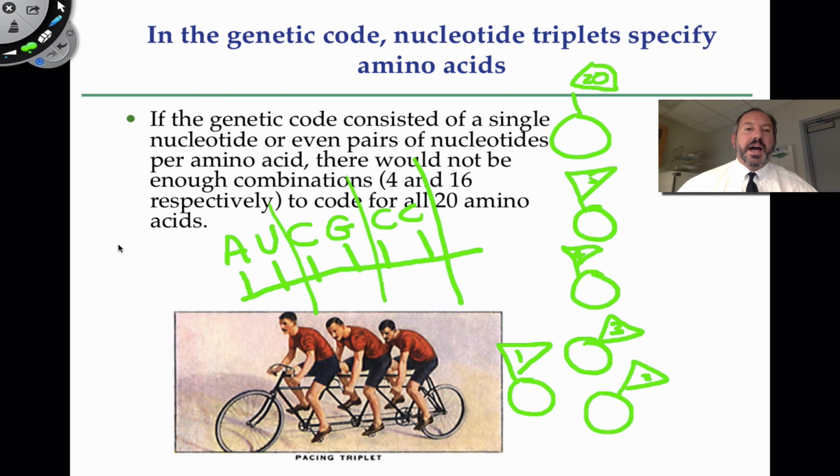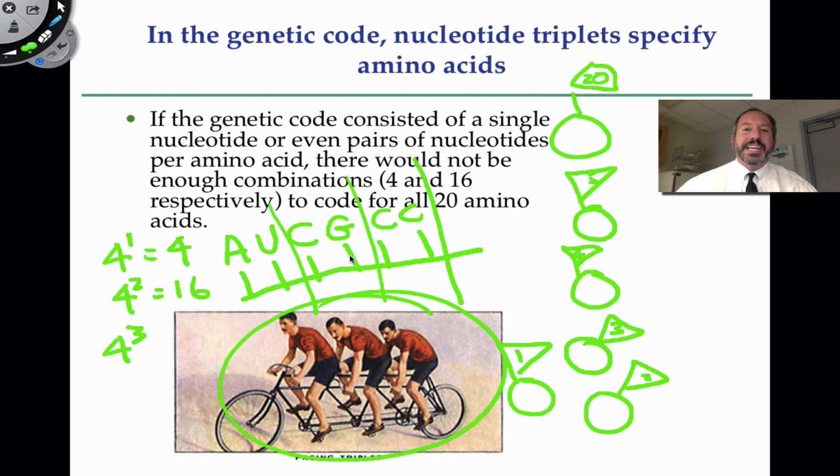And so if you did the math, if it's read in groups of 1, there'd be 4, and if you read them in twos, it'd be 16 combinations. It's not enough. So the genetic code is actually a triplet codon.